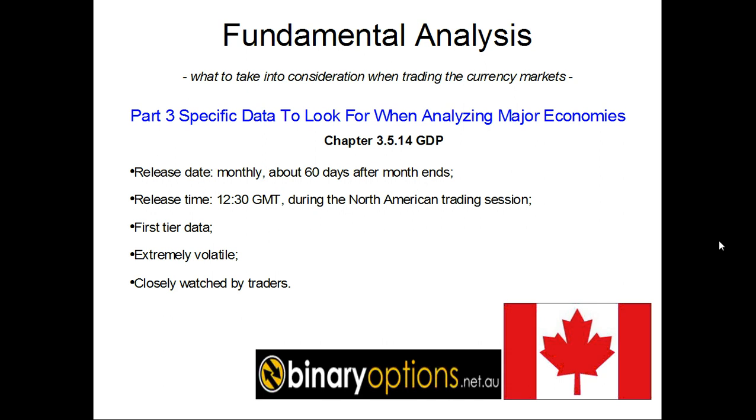The release time is monthly, not quarterly like stated earlier, about 60 days after the month ends. The release time is 12:30 GMT during the North American trading session. This is first tier data, extremely volatile, closely watched by traders.